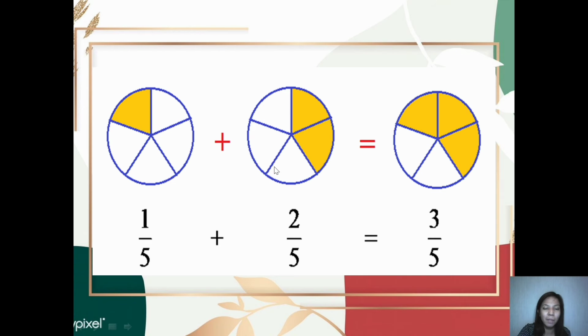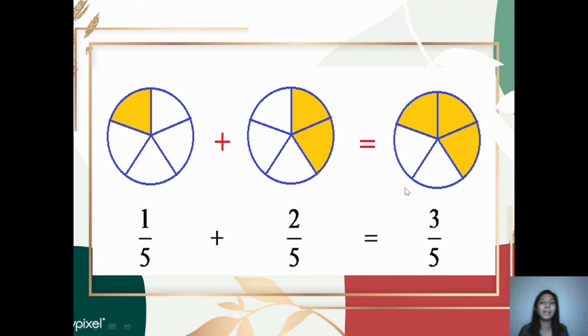Okay, in this example, we are now going to add fraction to fraction and then simplify the answer if necessary. So we have here 1/5. One shaded part, and then 1, 2, 3, 4, 5. Plus 2/5, and then 1, 2, 3, 4, 5. So 1/5 plus 2/5 equals.